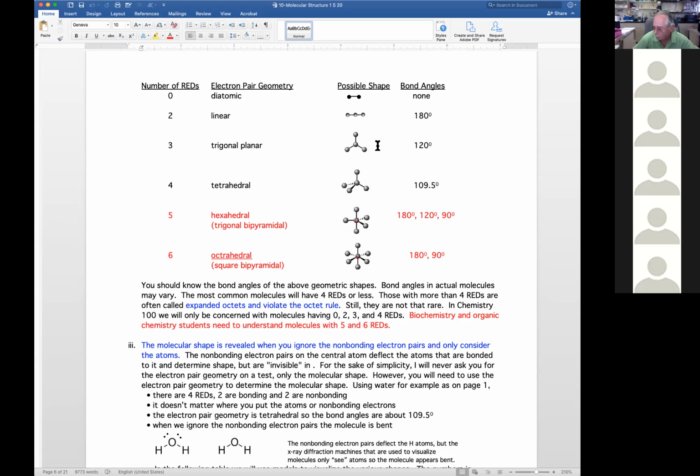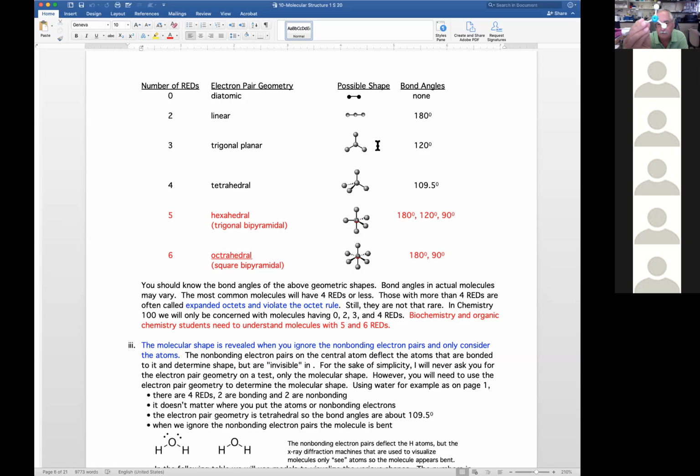So, oh, here it is. Right now, this is simply an atom. There are no bond angles. Now it's diatomic. Now it's bent. Now it's trigonal and it's planar.